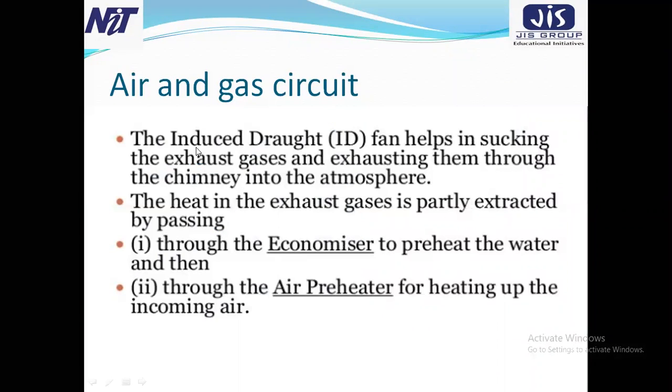Now the induced draught ID fan helps in sucking the exhaust gases and exhausting them through the chimney into the atmosphere.